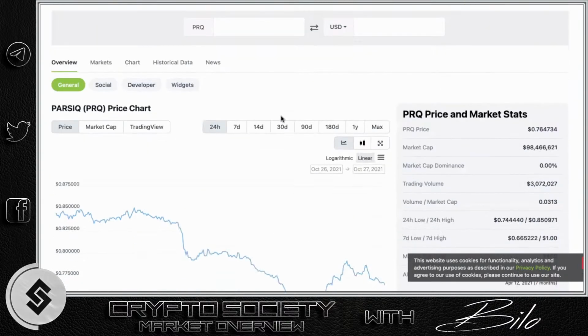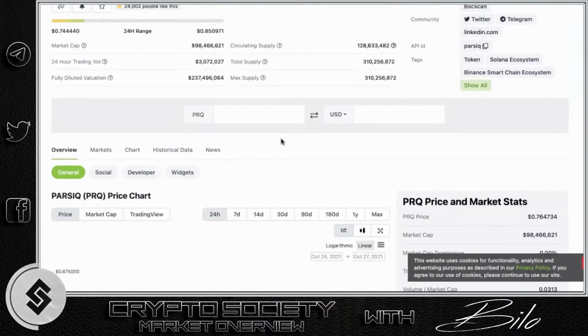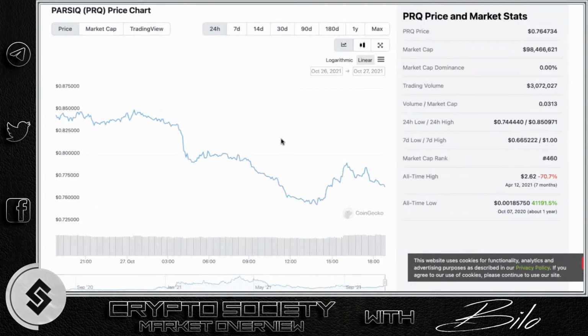How many X is that up from the bottom? I know that Parsec actually went down really low. So how many X's from where? From the bottom. It's already, what, 42X from the bottom, nearly. 41X from the bottom. I bet you there's releases. That's why it's dumping.